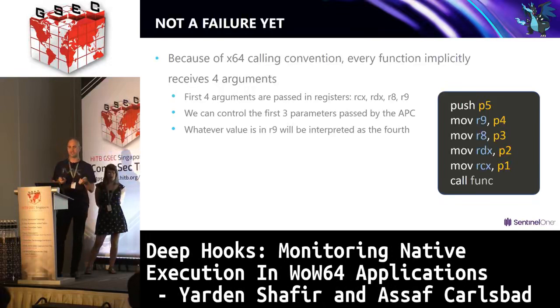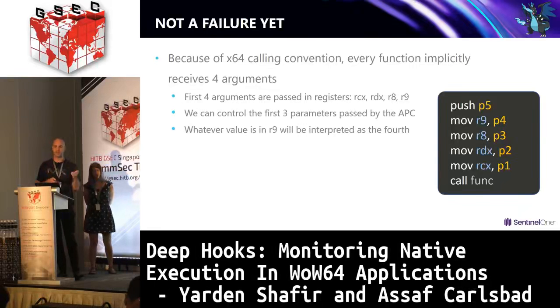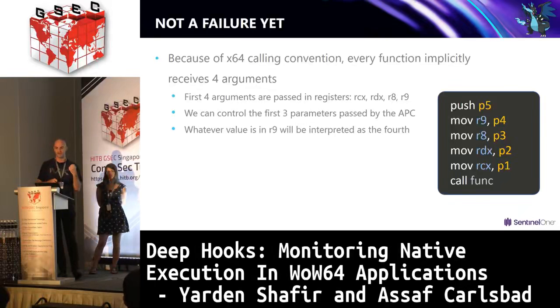Now, if we initialize our APC to point directly to LdrLoadDll, we will have direct control over the values of the first 3 parameters. But unfortunately, we won't have any control over the value of the 4th parameter. And what will happen is that by the time LdrLoadDll is called, whatever value happens to be loaded into R9 will be interpreted as the 4th so-called missing parameter.